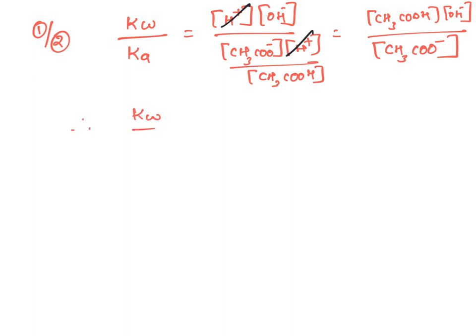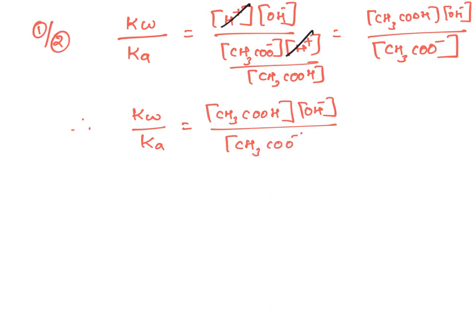Kw by Ka equal to the concentration of CH3COOH, acetic acid, times OH minus, over CH3COO minus.